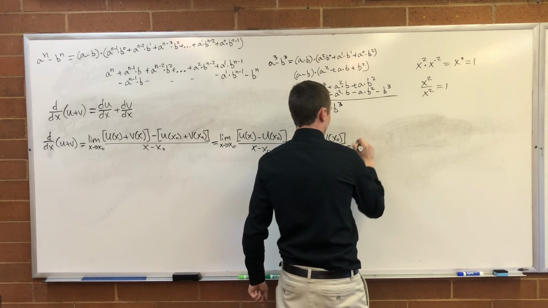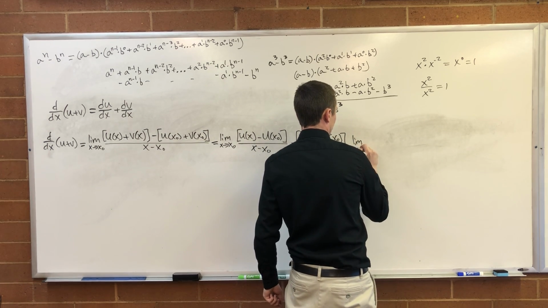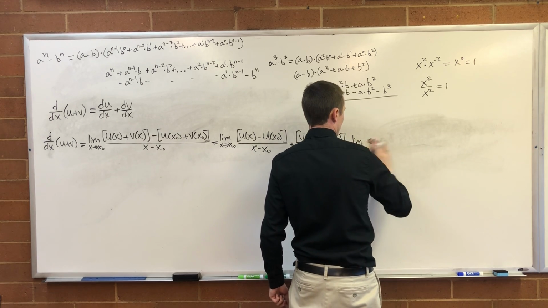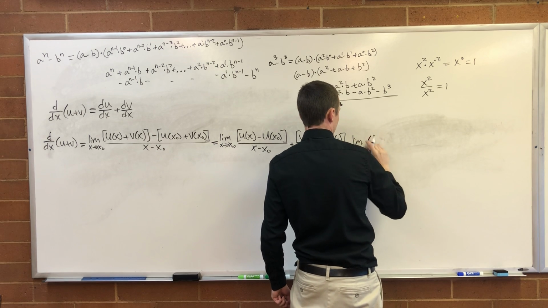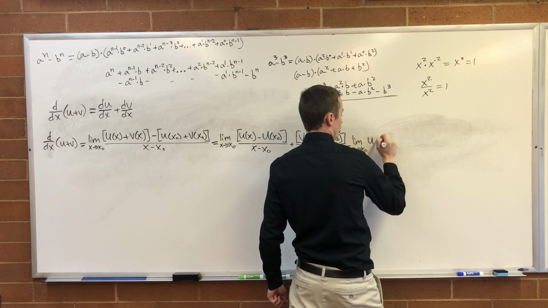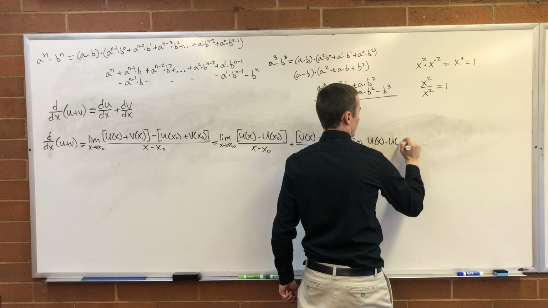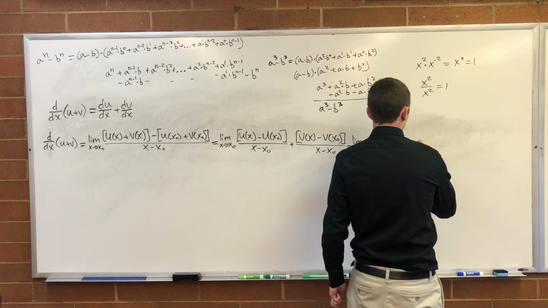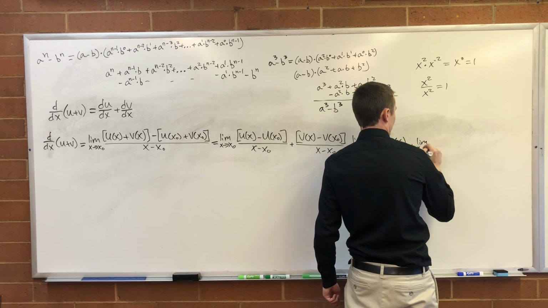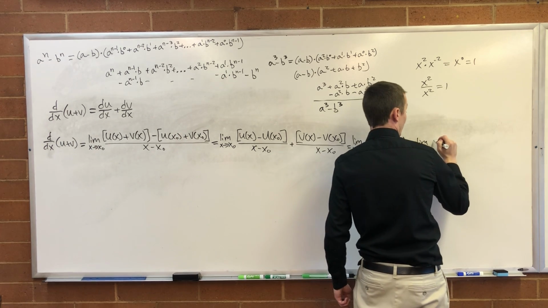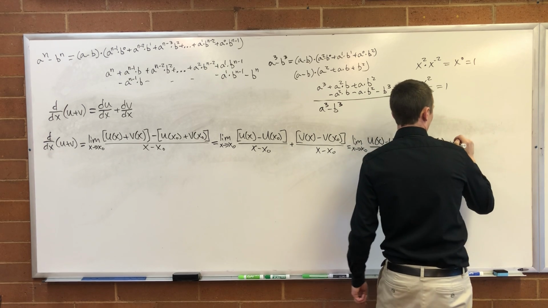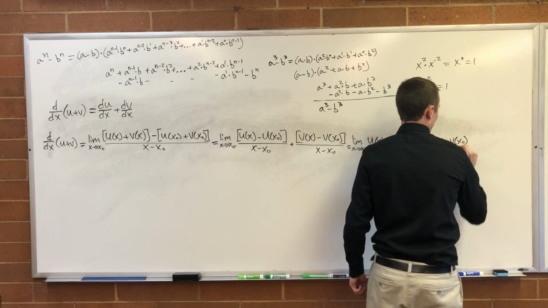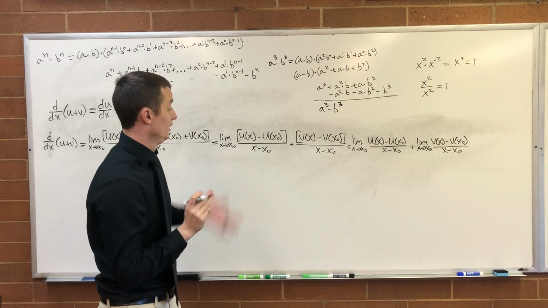So this is equal to the limit as x approaches x naught of our first term, u of x minus u of x naught all over x minus x naught, plus the limit as x approaches x naught of v of x minus v of x naught all over x minus x naught. Right? Now take the limit.